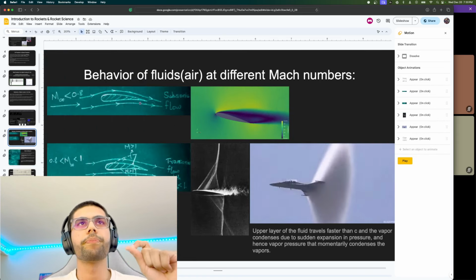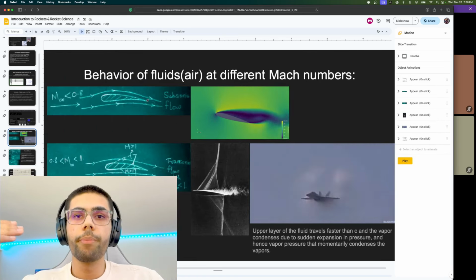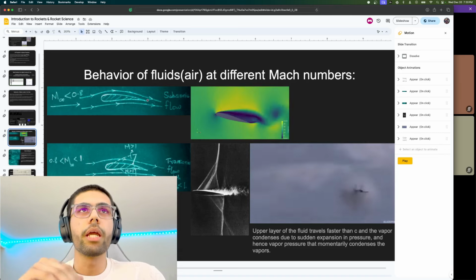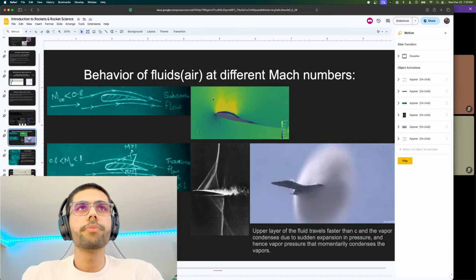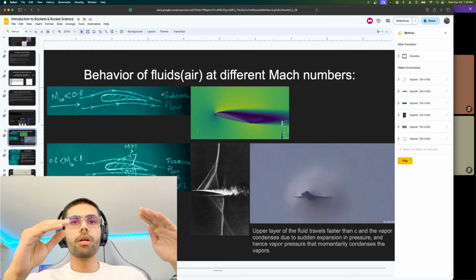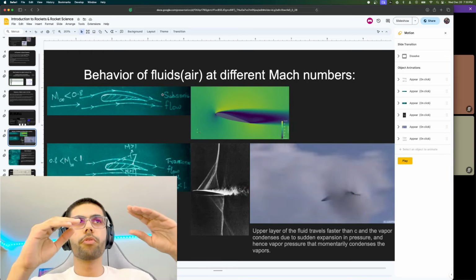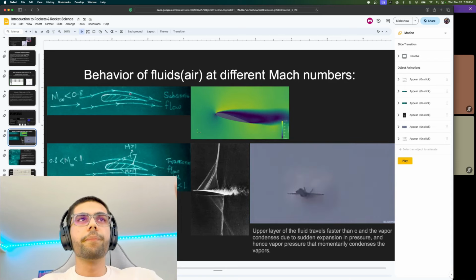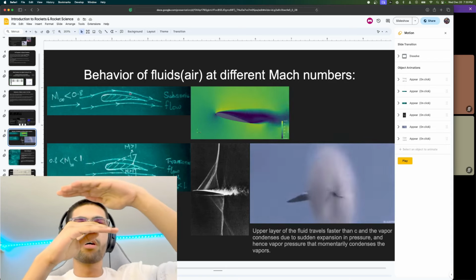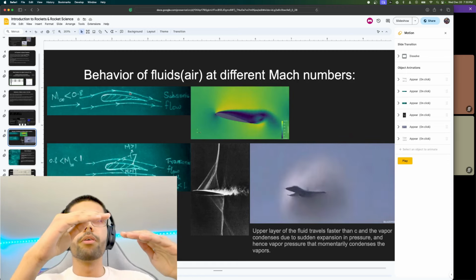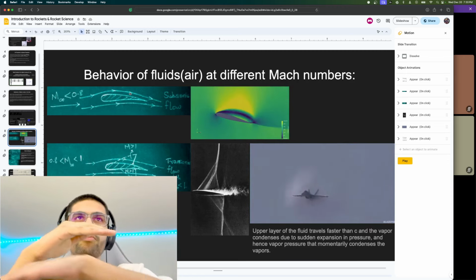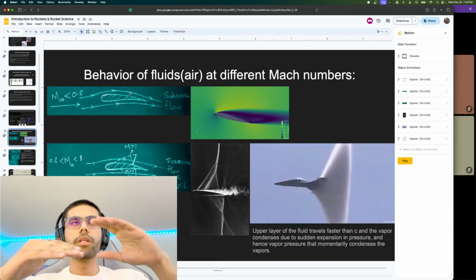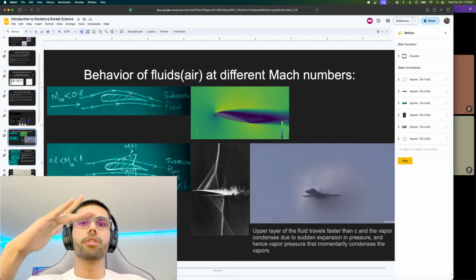We said that at speeds below Mach 0.8, it's called subsonic flow. The flow splits from here and moves a little bit faster above the airfoil and a little bit slower below the airfoil, and that creates the pressure difference, which actually lifts the aircraft.